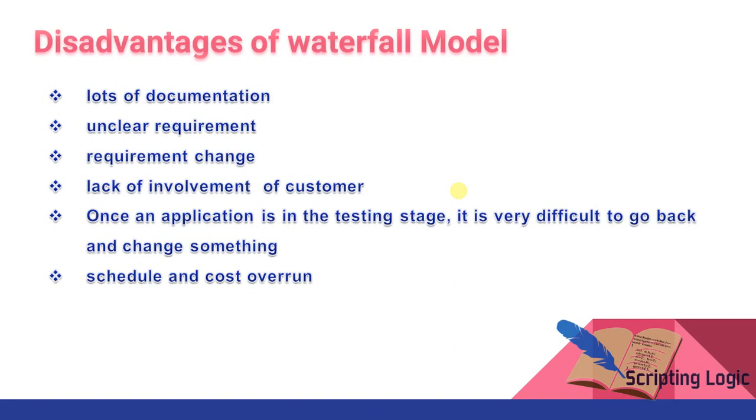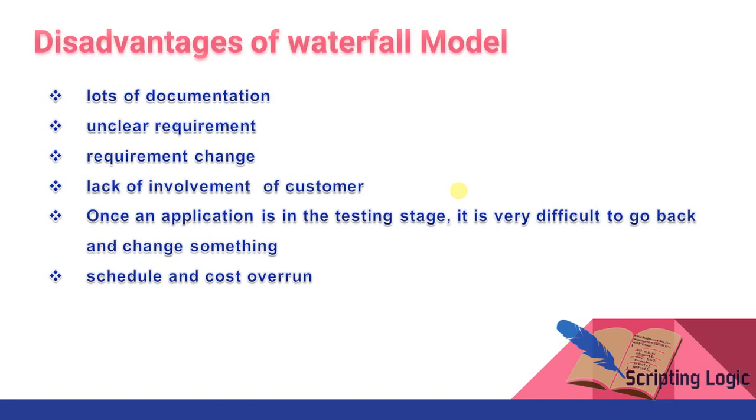There are many disadvantages of this model, as we know that we cannot go back. So if suppose customer asks for some changes in the latter phases, like in design phase or in suppose coding phase, then it is very difficult to change, right? We need to maintain many documents, lots of documentations are there.